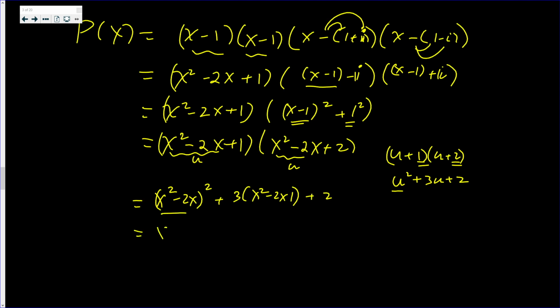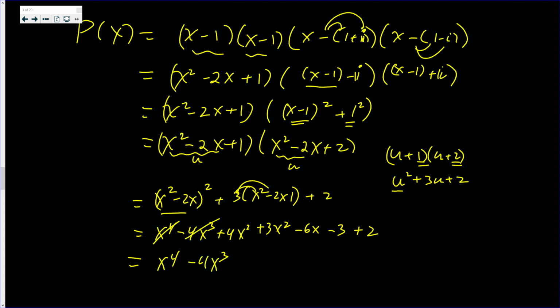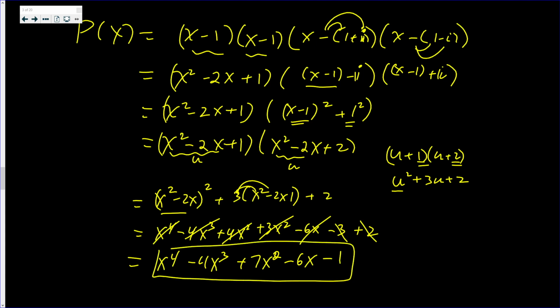Well, when you multiply that out, you get x to the 4th minus 4x cubed. Those seem to be the only x cubes. 4x squared plus 3x squared, that's 7x squared, minus 6x, plus 1, minus 1. Minus some silly error.